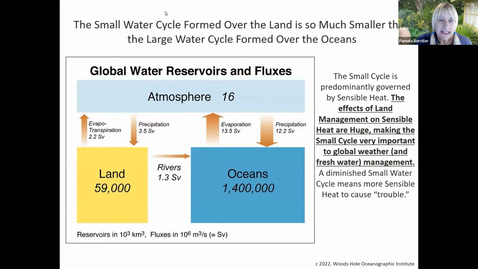It's not something that is in the environmental milieu, or the conversations that are had about a warming planet mostly are focused on what's happening in the large water cycle with the oceans, because we see it so dramatically when we have warming oceans that are putting more warm water vapor into the atmosphere and ending up creating these very volatile storms that drive the news.